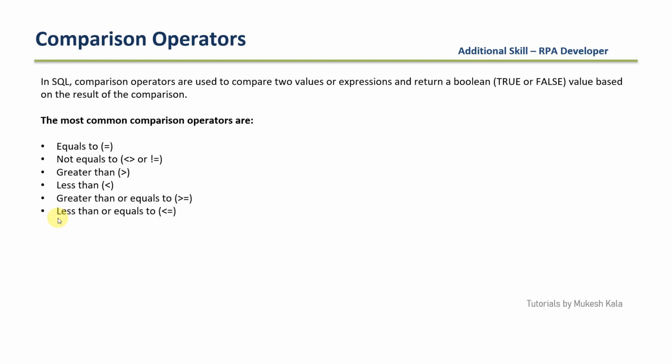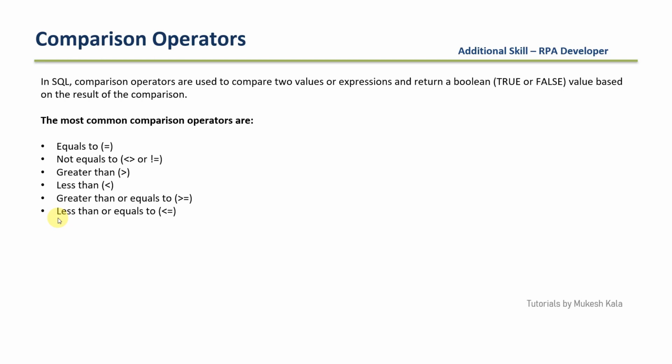When I say boolean, it means it would be either true or false. The most common comparison operators are available on the slide: equal to, not equal to, greater than, less than, greater than equal to, less than equal to, right? So the output of this would be a boolean, right?